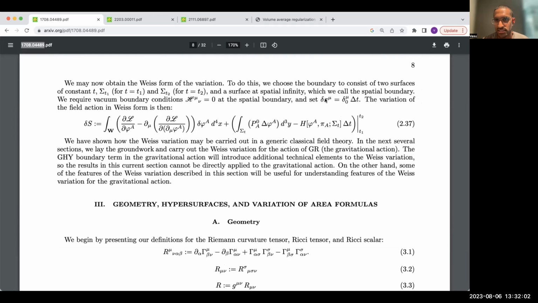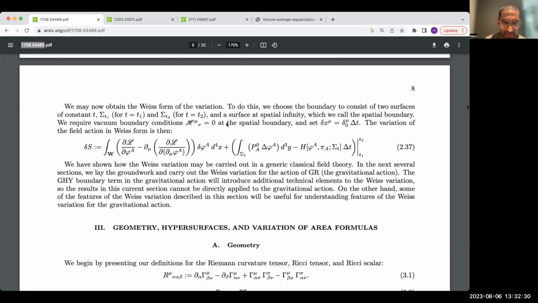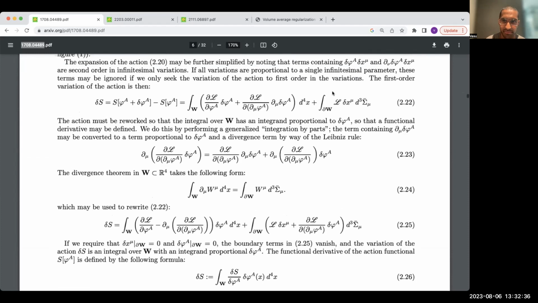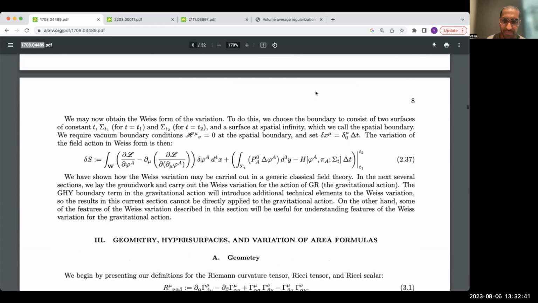So basically you take delta x, as I said before, to be a variation in the direction of time, provided that you set up the boundary to be basically the union of these two surfaces, sigma t1 and sigma t2. And it just tells you that the Hamiltonian tells you what happens when you move in that direction. And so that's all that happens in field theory. So the upshot of this variation is that you're not just capturing the equations of motion, you're also getting your definition of the Hamiltonian for free.